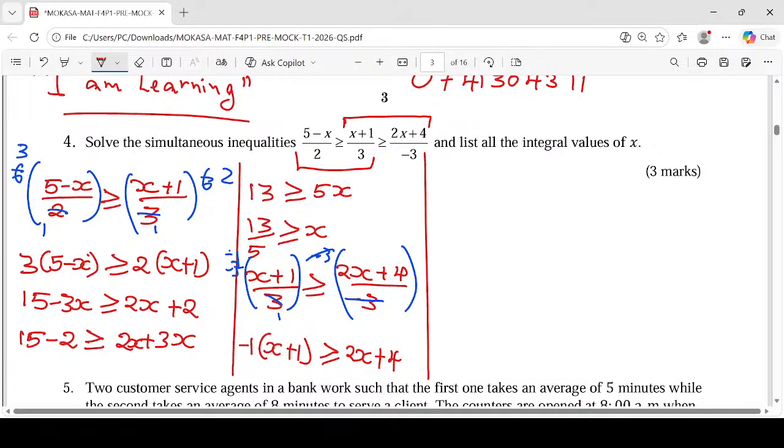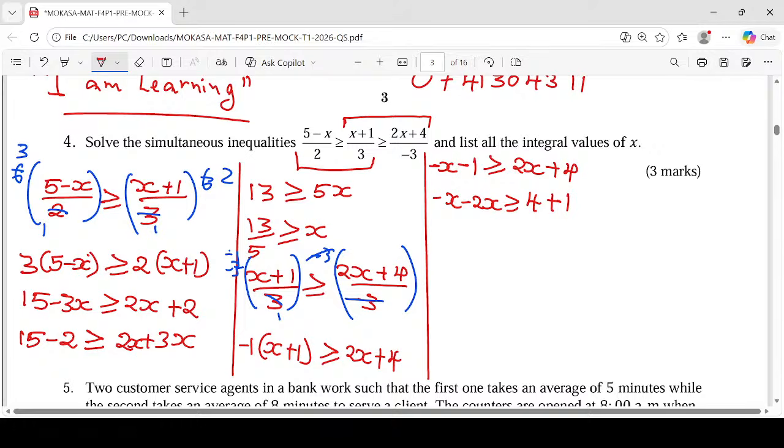So negative 1 times x will be negative x. Negative 1 times positive 1 will be negative 1. So negative x minus 1 is greater than or equal to 2x plus 4. Upon collecting like terms, I'll have negative x minus 2x being greater than or equal to 4 plus 1.